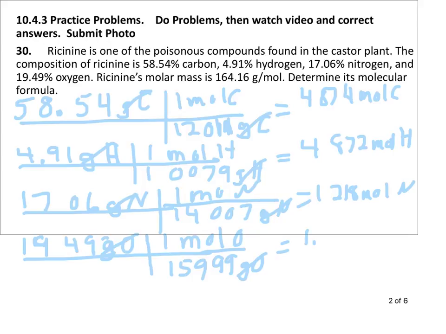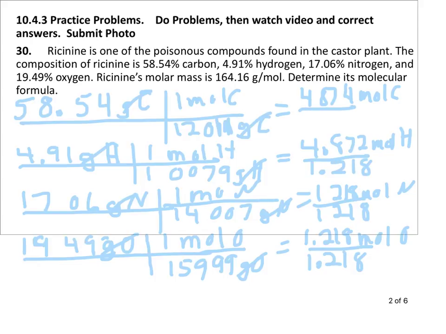and 1.218 moles of oxygen. And as we did earlier, we divide them all by the smallest one, which is 1.218.